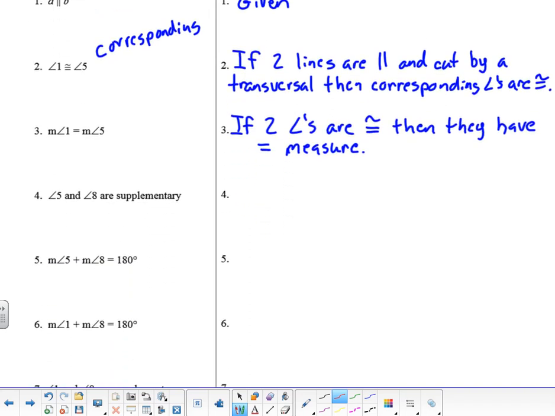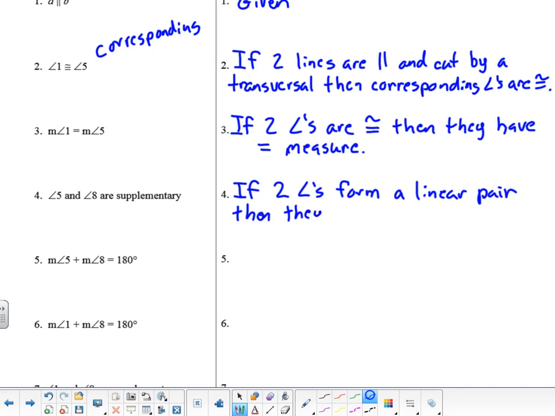So the reason for this is if two angles form a linear pair, then they are supplementary. Okay, so supplementary. So the measure of angle 1, or excuse me, the measure of angle 5 plus the measure of angle 8 equals 180.